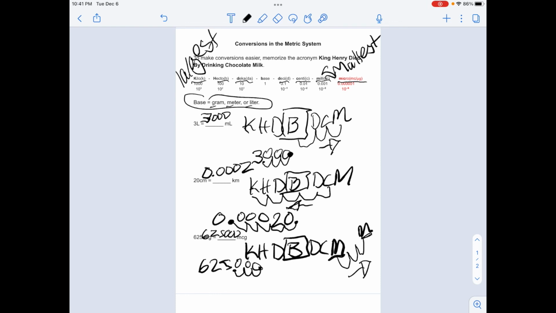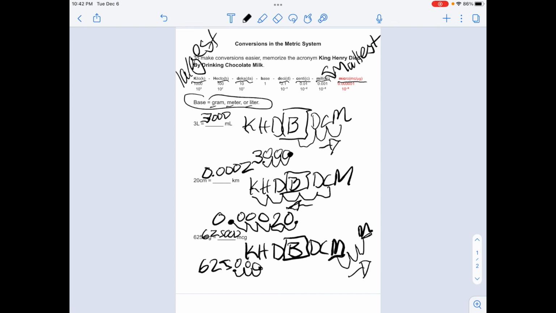So our small units should be able to fit into our larger units. So looking at our first example, milli is smaller than liter. And we can see that's true because we have 3,000 milliliters per 3 milliliters. So that would check off. The next example shows centimeter going to kilometer. Centimeters are smaller than kilometers, looking at that chart above.